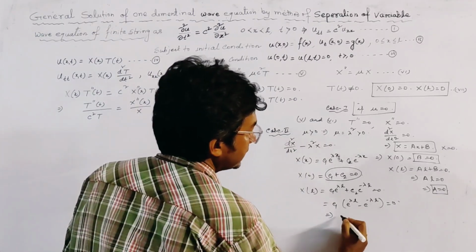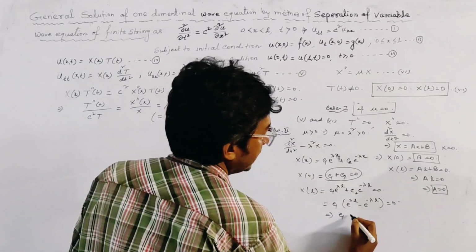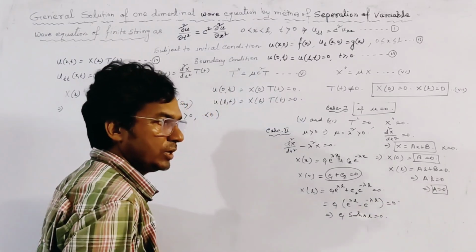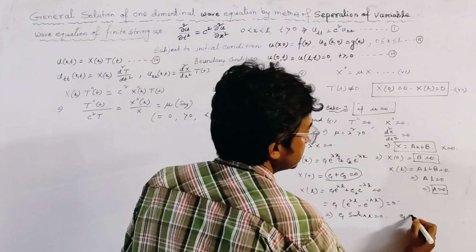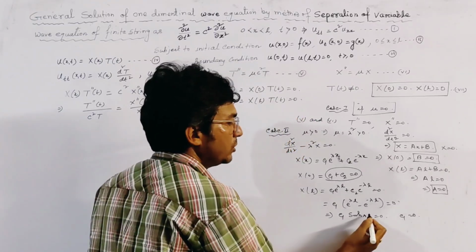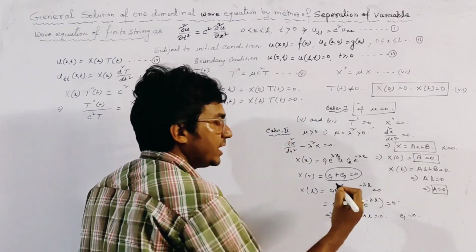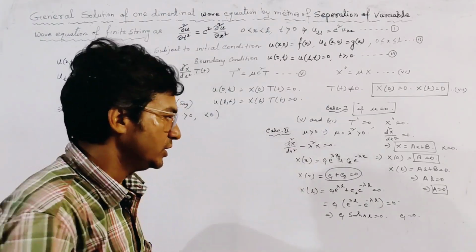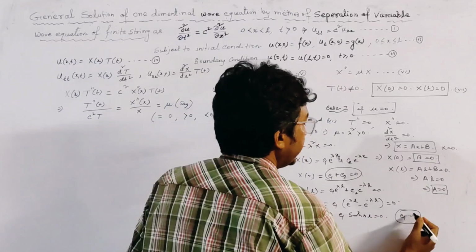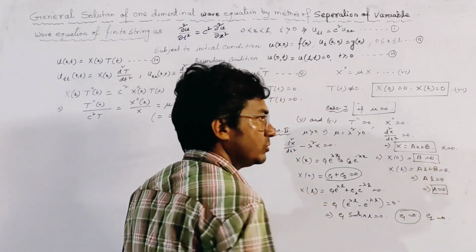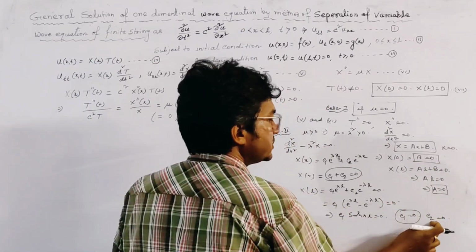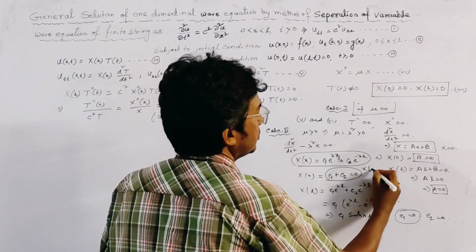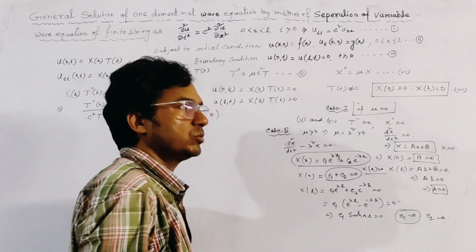So this relation gives c1 into sine hyperbolic lambda L equal to 0, and so we must take c1 equal to 0, because for all values of lambda, sine hyperbolic lambda L is not equal to 0. So we get c2 also equal to 0, and by putting c1 and c2 equal to 0 we get X of x also equal to 0.